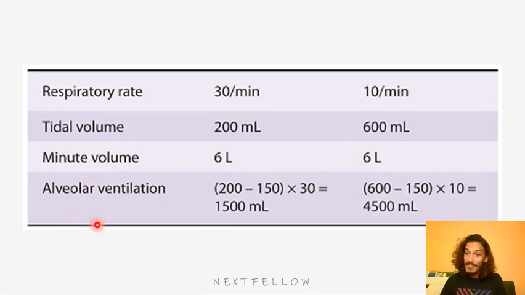But when you look at alveolar ventilation, although it is 200 every breath, 150 ml of each breath is dead space, so effectively only 50 ml is there for alveolar ventilation. That into 30 is 1500 ml. On the other hand, here it is 600 minus 150 every time, 10 times, which is 4500 ml.